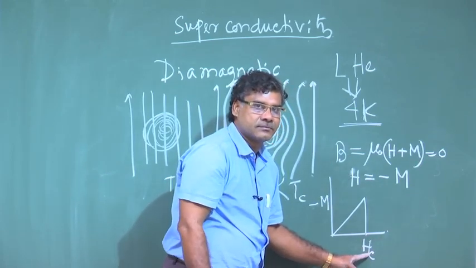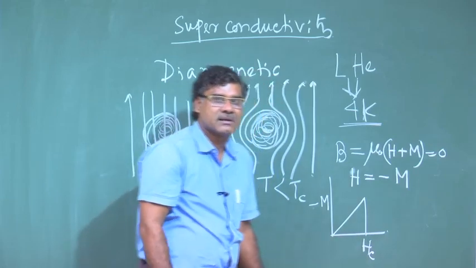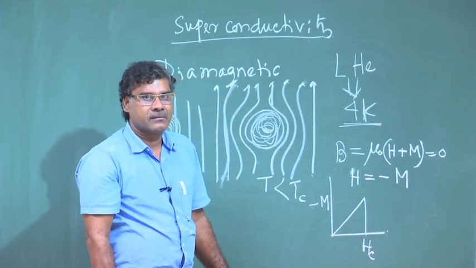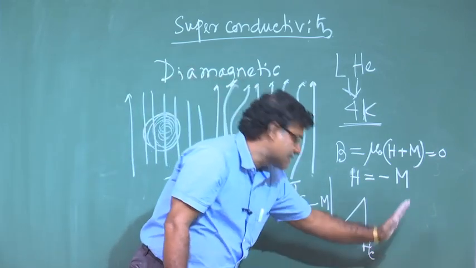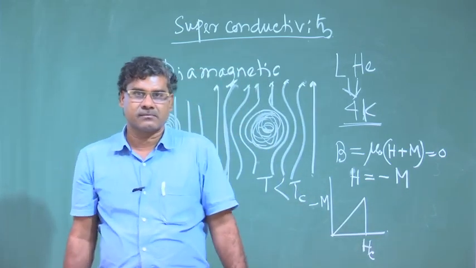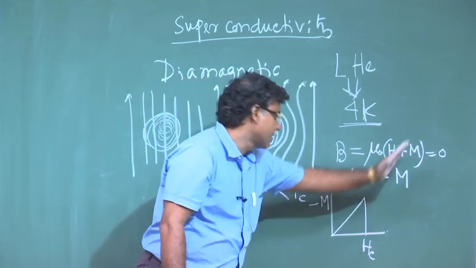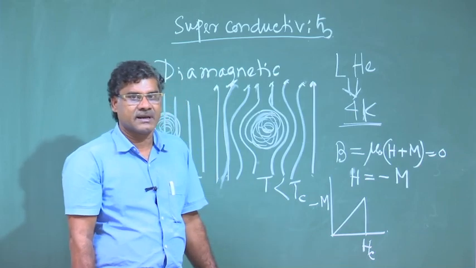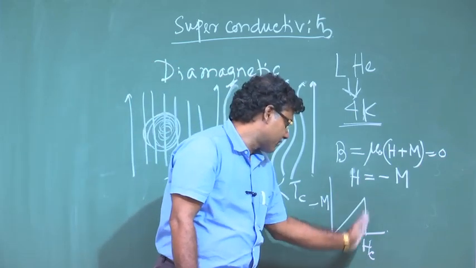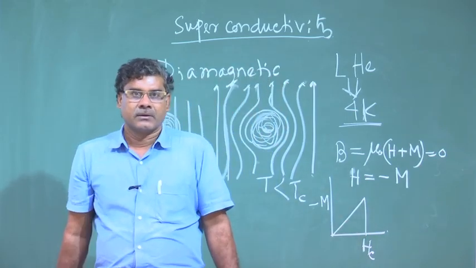Below this critical field it's diamagnetic, and above this critical field it is not diamagnetic, because it is not following this straight line, but suddenly it drops.